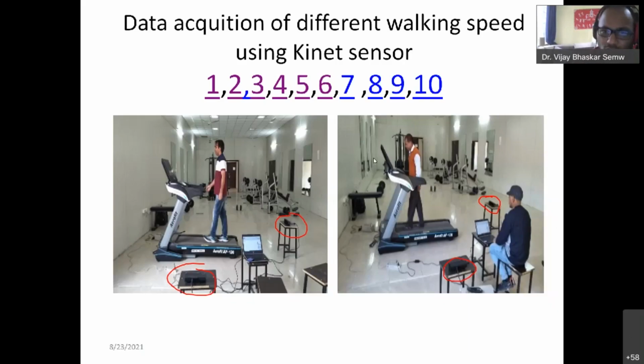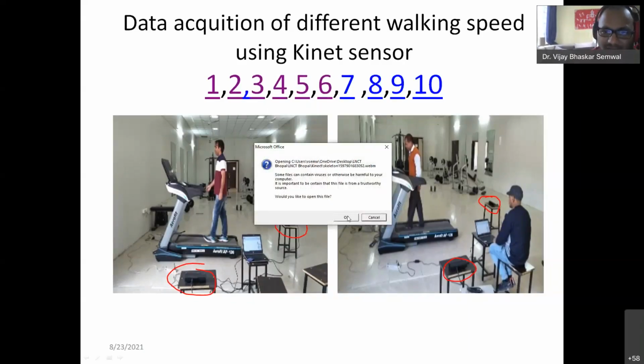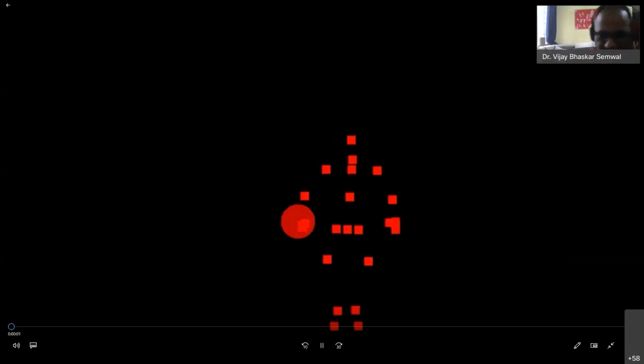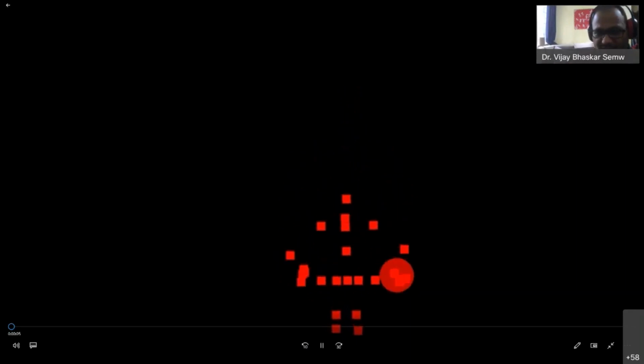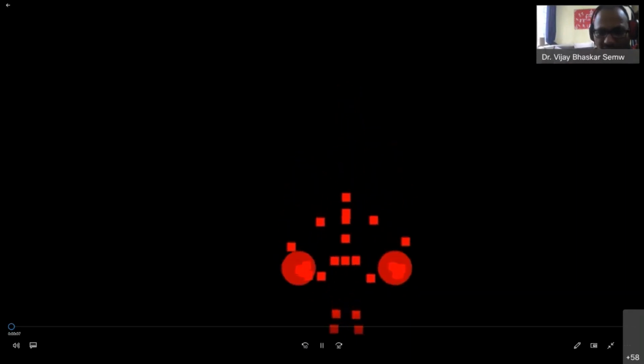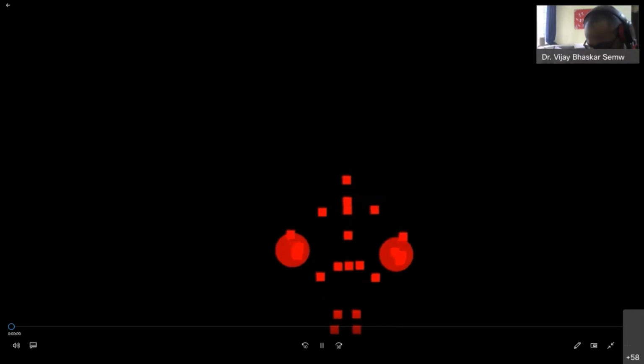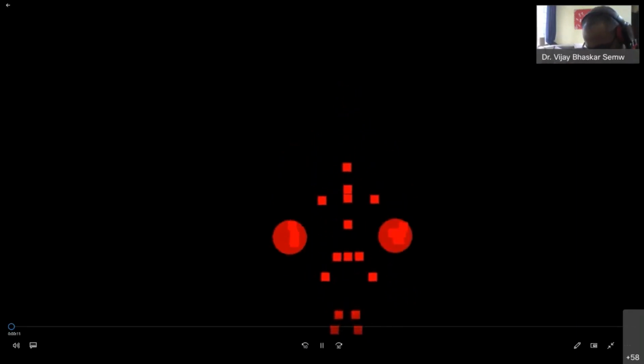Then in this case, very slow. So I asked them to perform different sorts of walks, slow and a bit fast. Then we asked them to do some other exercise, a push-up. The person is sitting and getting up, so the joint coordinates are moving according to the movement.